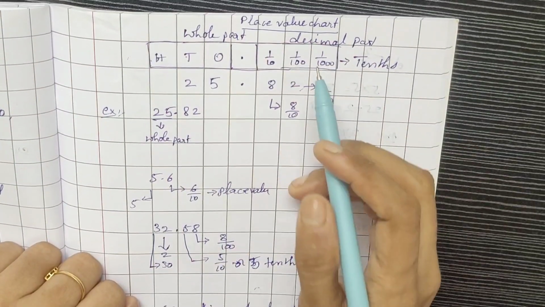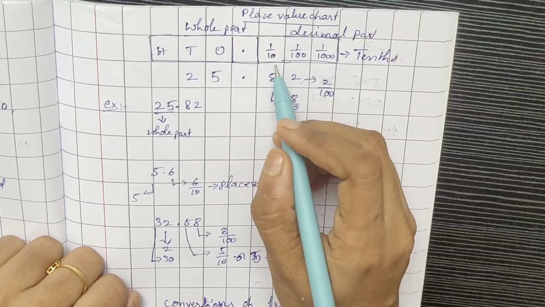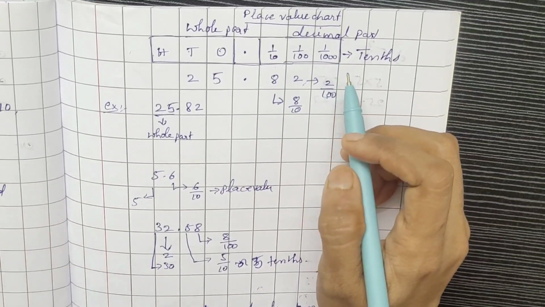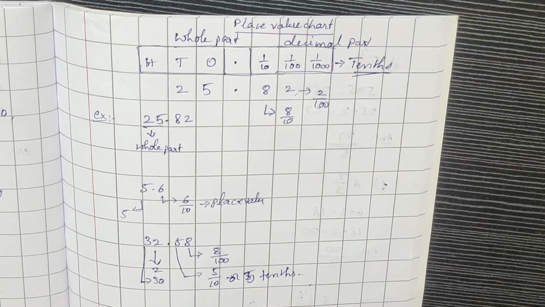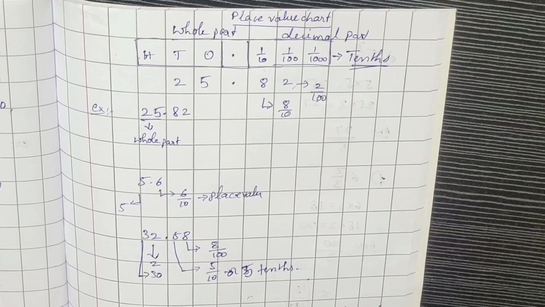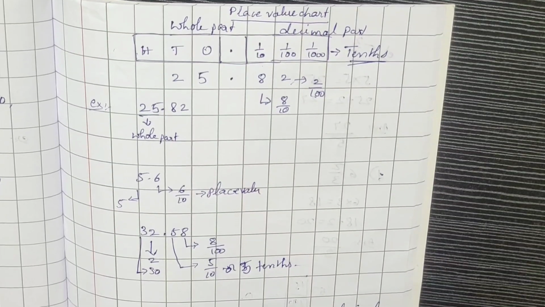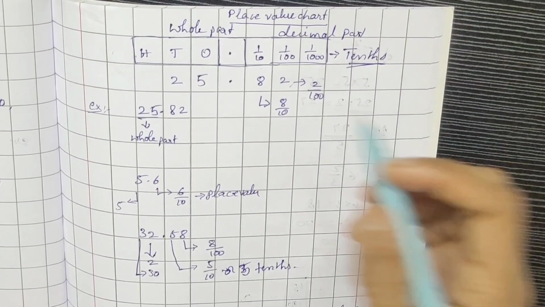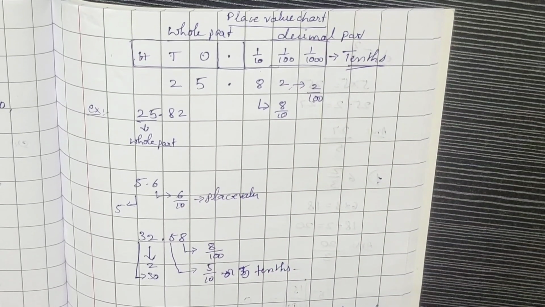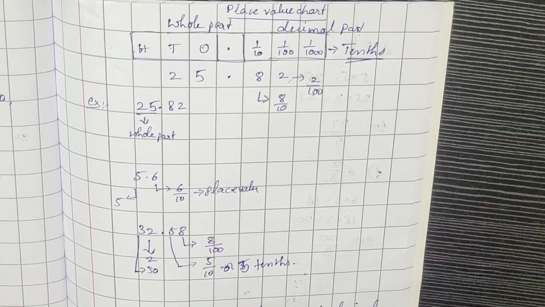Okay, and in the decimal part, 1/10, 1/100, 1/1000. These are called tenths places. Tenths, not tens. It is TENTHS. 1 by 10, 1 by 100, 1 by 1000. These are all called tenths.